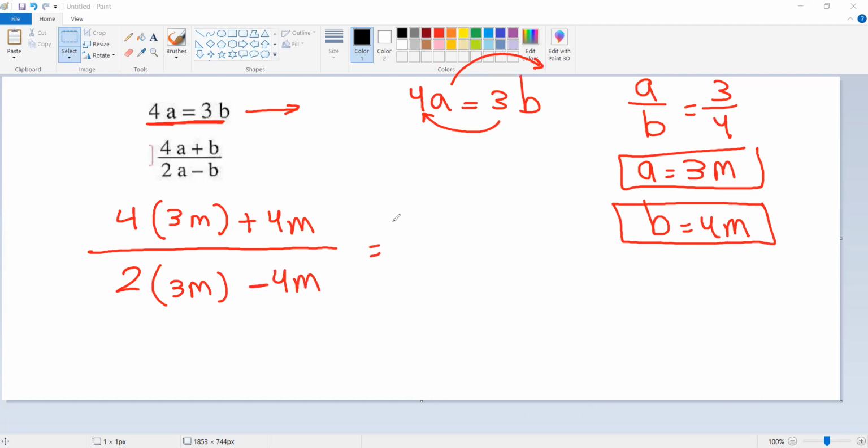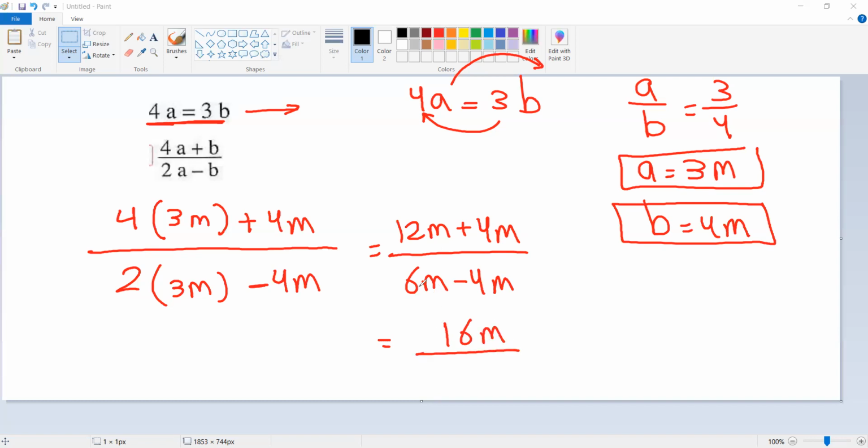So 4 times 3m is 12m plus 4m, over 2 times 3m, it's 6m minus 4m. 12m plus 4m is 16m, over 6m minus 4m, it's 2m. So 16m over 2m, cancel m and m. You are left with 16 over 2, which is 8.